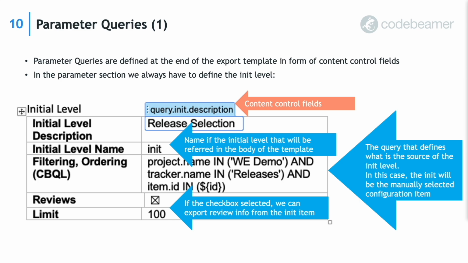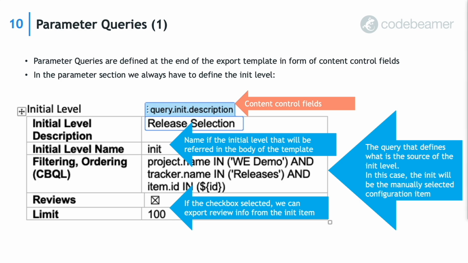Level description is strongly recommended because if you want to update your template months later, or someone else's template, it can be very helpful to know what the original intention was. Then the name of the initial level. The practice is that we leave the default name init, but you can rename it, of course.